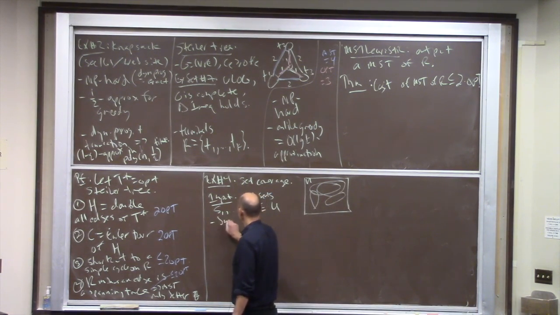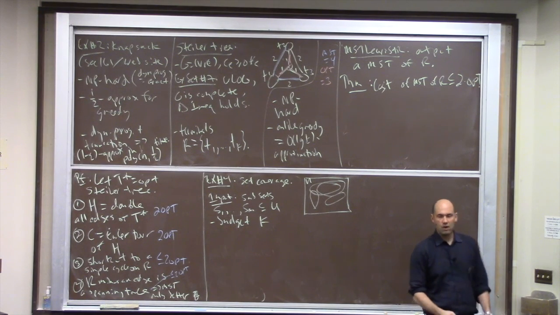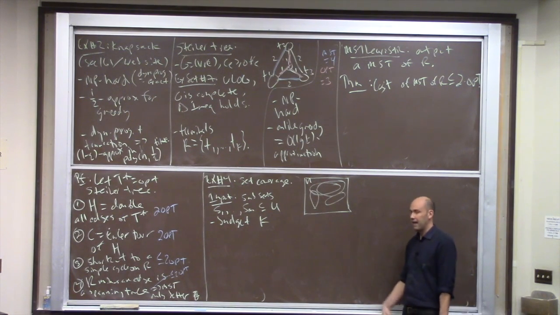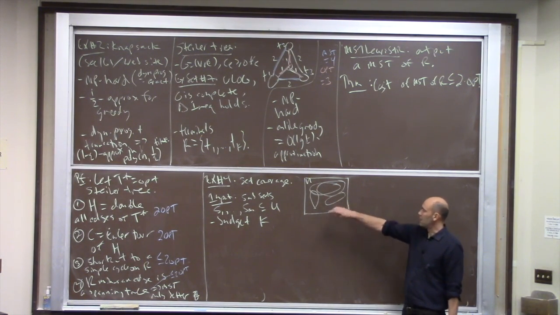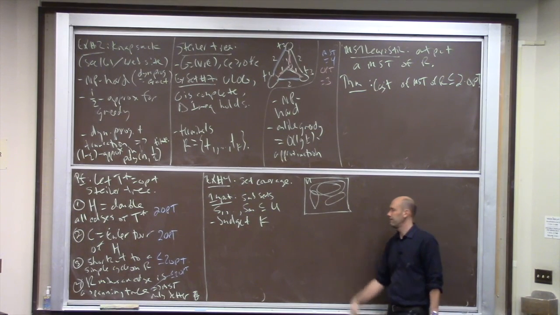And you're given a budget, K. And what you want to do is pick K of the given subsets to cover as much ground as you can, to maximize the area of your chosen sets in this picture.